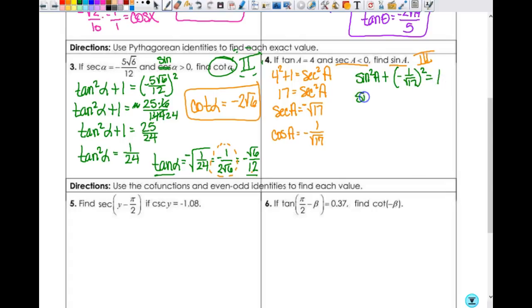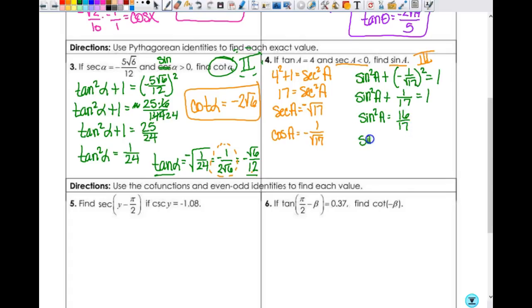That means sine squared A plus, when I square this, it's going to become positive, giving me 1 over 17, equals 1. And again, if you had rationalized, you'll end up with the exact same answer in the end. It's just going to be some different numbers. So I really want to think of this as 17 over 17. So this ends up giving me sine squared A equals 16 over 17.